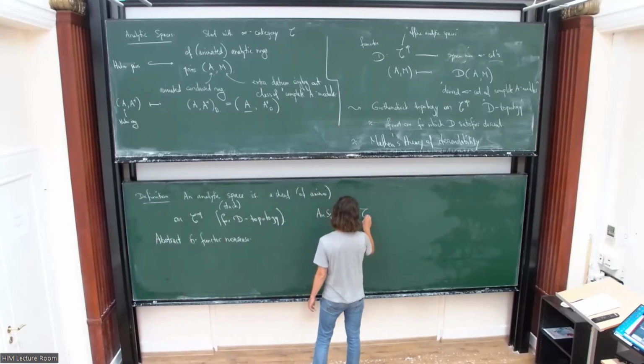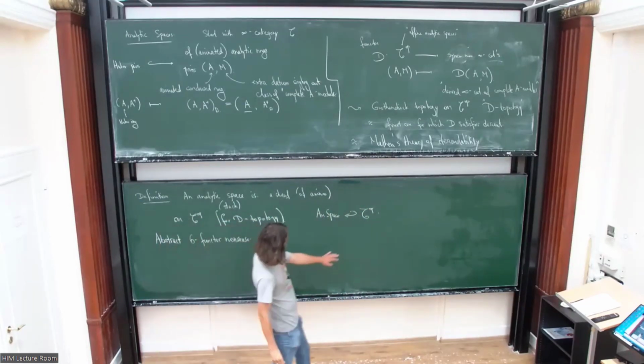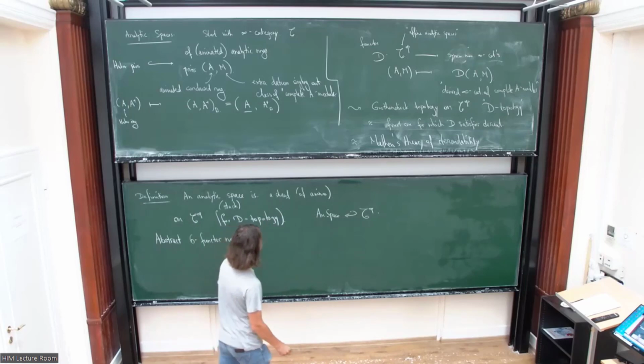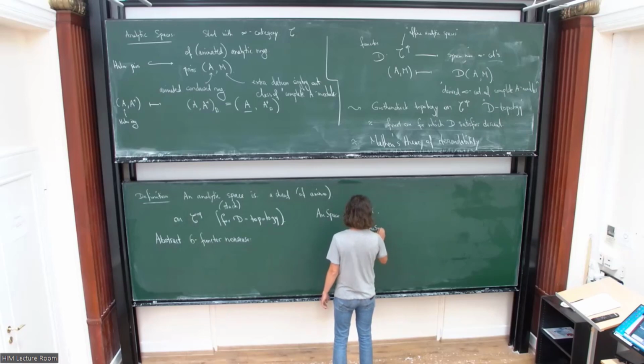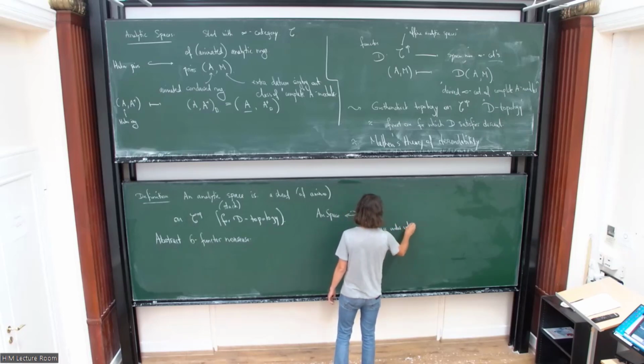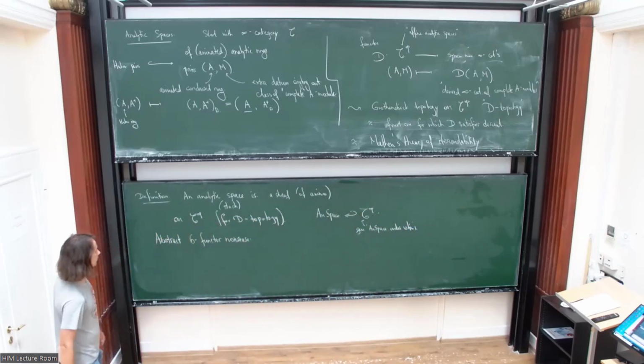This includes the affine ones for efficiency, and they generate everything under colimits. And then abstract six functor.